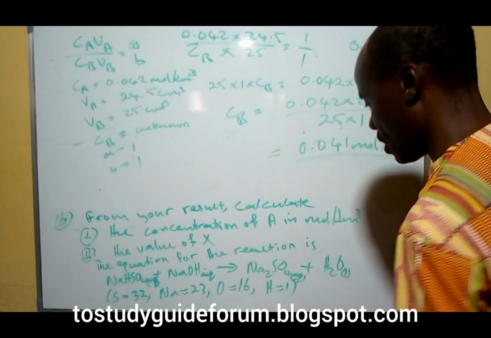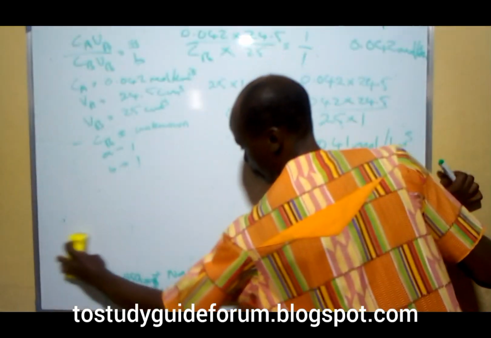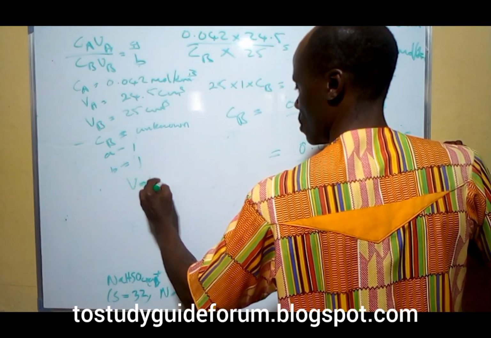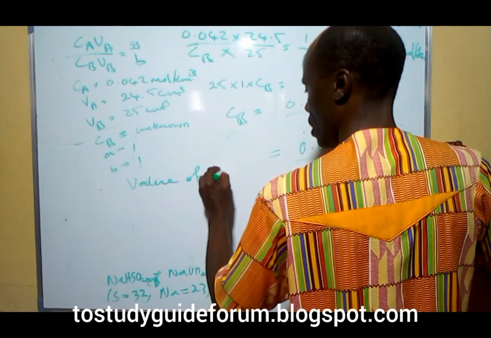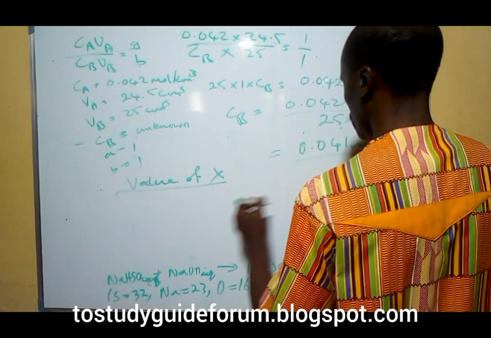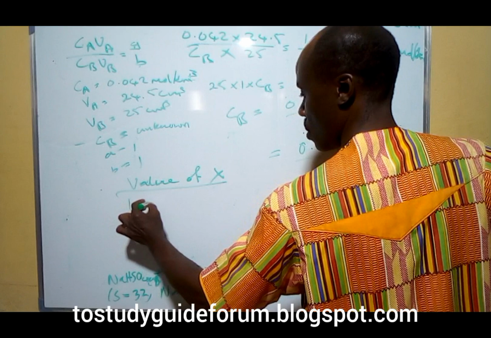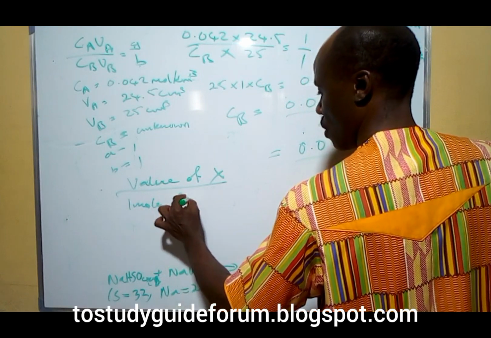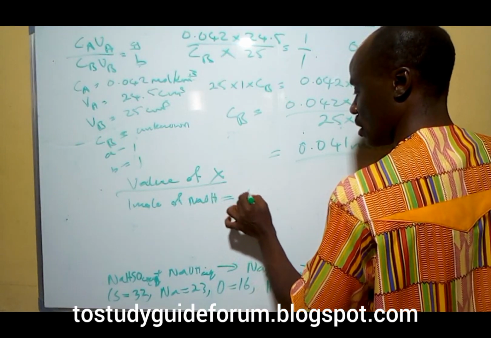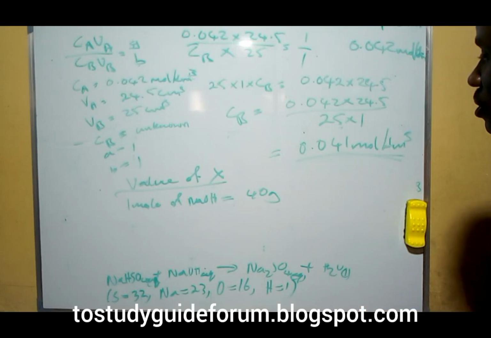To calculate the value of X, we know that 1 mole of sodium hydroxide contains 40 grams. Why do we choose 40 grams?